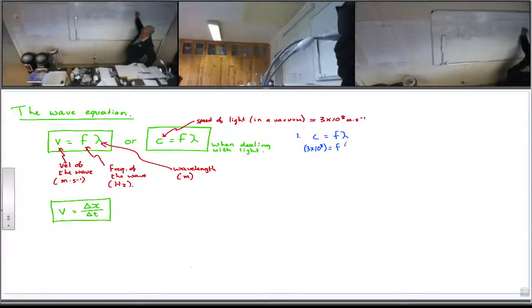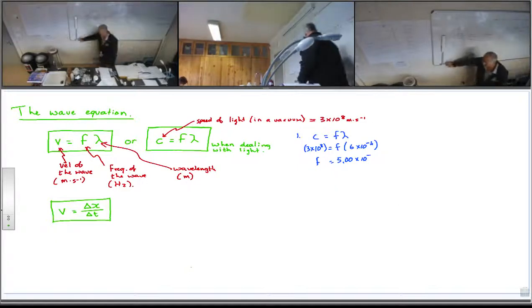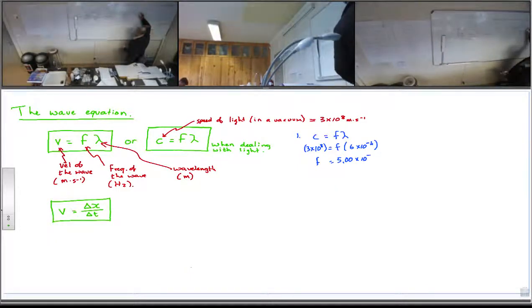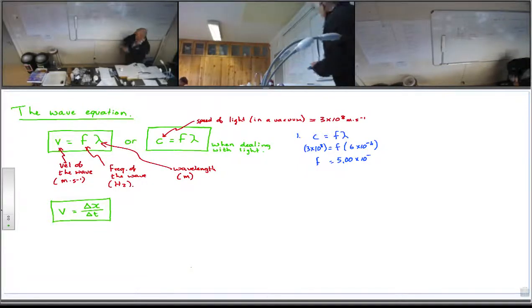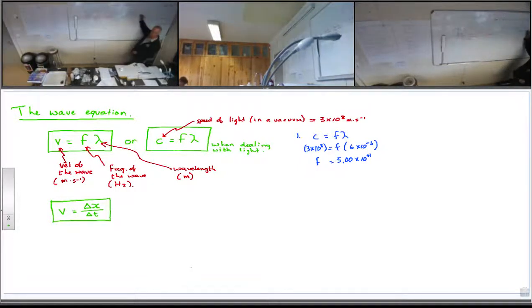Frequency we're trying to find. Wavelength, 6 times 10 to the minus 4. That's going to give me 0.5 times 10 to the 12, which is equal to 5 times 10 to the 11, sorry. Is that correct? Unit? Hertz. Nice and easy. Good.